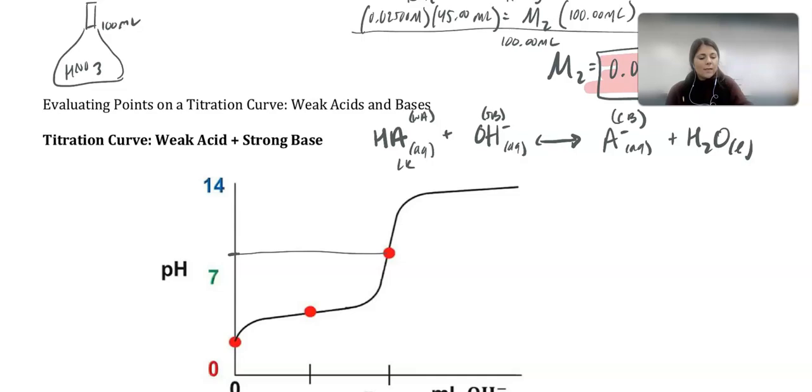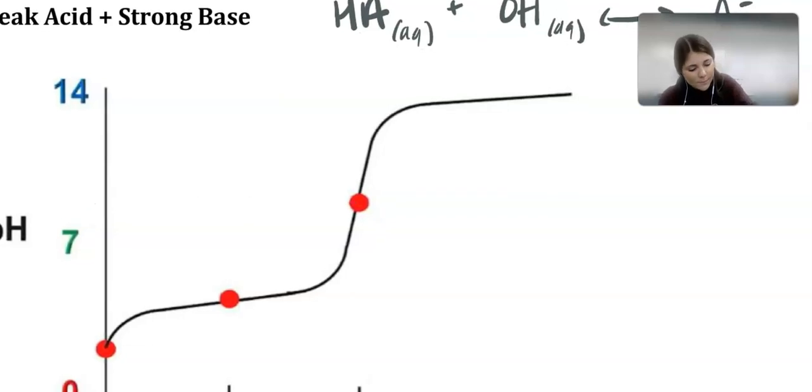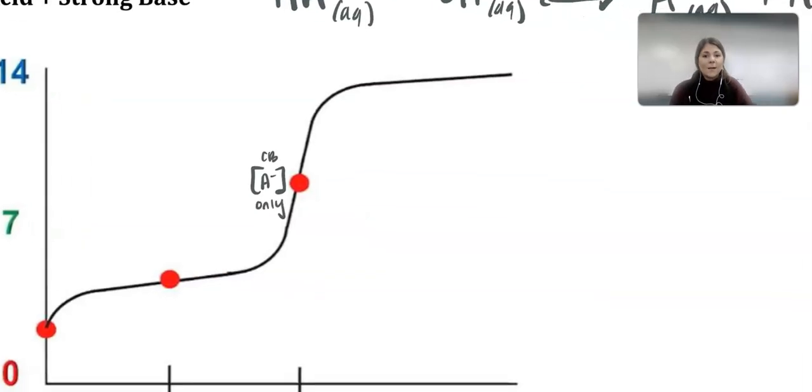If these both are limiting reactants and none of them remain, what's left is A minus, which is a conjugate base, and water. So the conjugate base, the second part says base. Here, basic things will have a pH greater than 7. So the only thing that remains at equivalence point is your conjugate base, A minus.